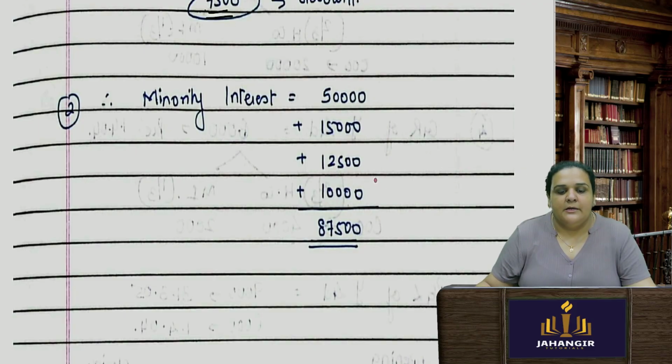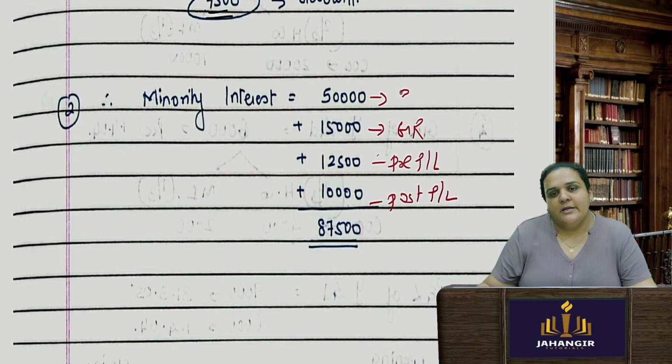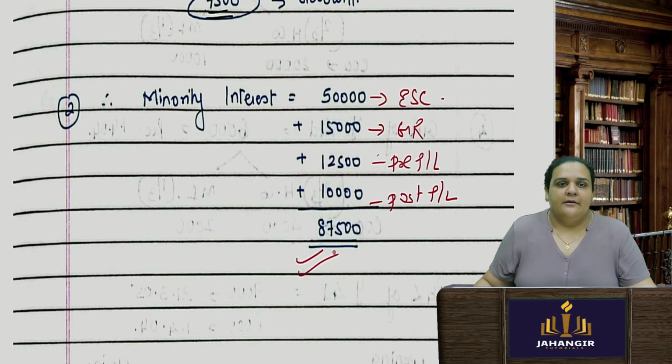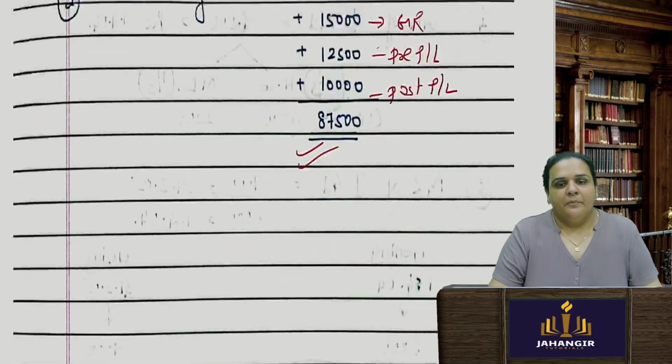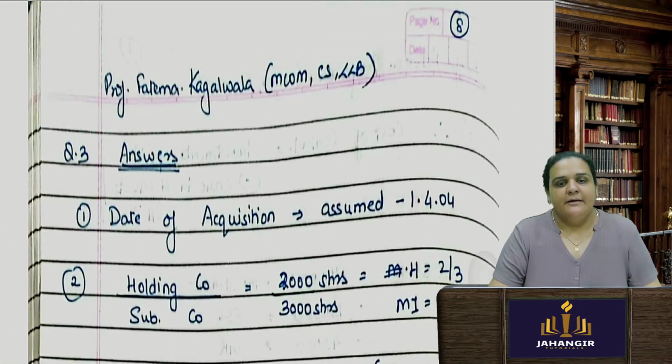See, I have written separately. This is pre P&L. This is post P&L. Okay, this is general reserve. This is the equity share capital. So total will be 87,500 for minority interest. Clear, everybody?